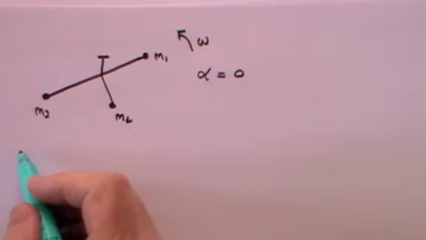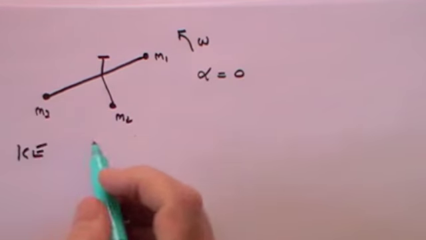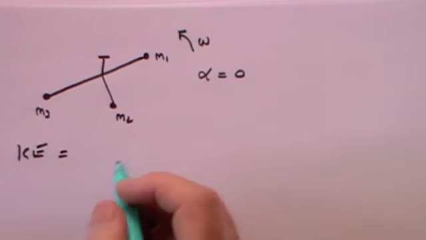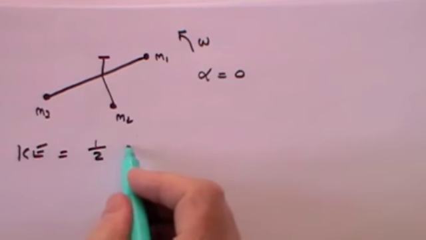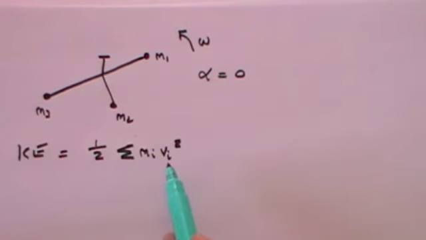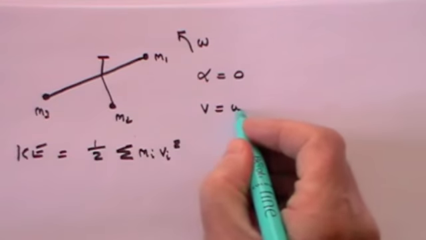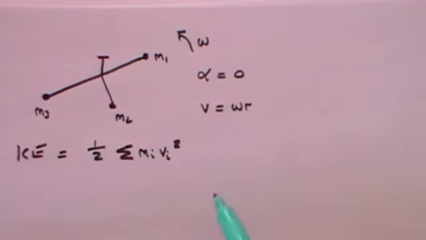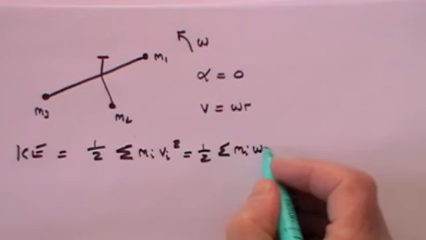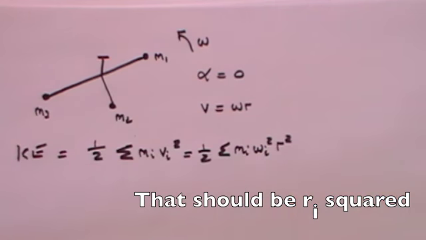Now, what is the kinetic energy of that total system? Well, the kinetic energy will be the sum of the kinetic energy of the three masses, which means you can write that as a half sigma mi vi squared. So it's a half mv squared for each of those three masses, where i goes from 1 to 3. But we have shown that v is equal to omega r. So we can substitute that in there, and that gives us a half times sigma mi omega i squared ri squared.